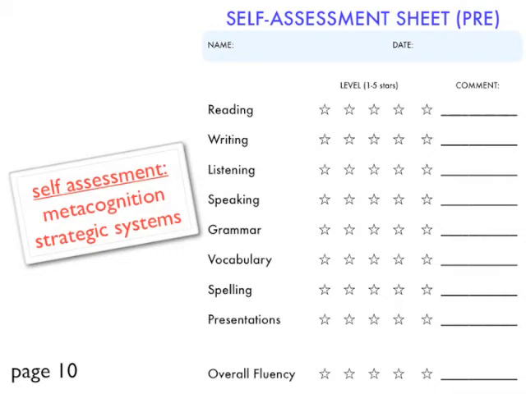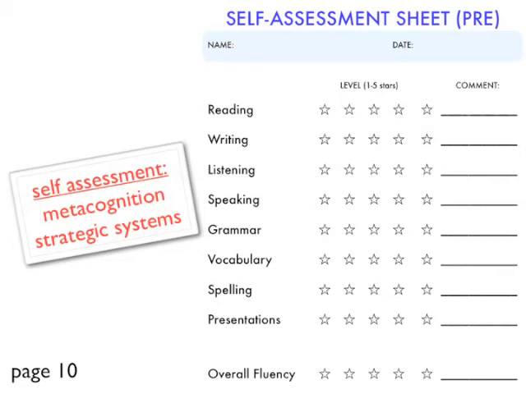So we have these strategic systems within our brain that help us learn if we provide reasons for thinking at that level. So it's very important to have the students actually thinking about their own reading skills and their writing skills.